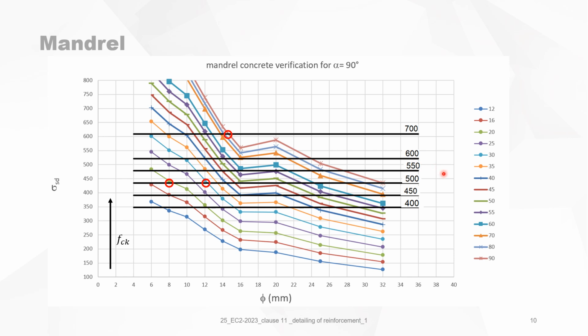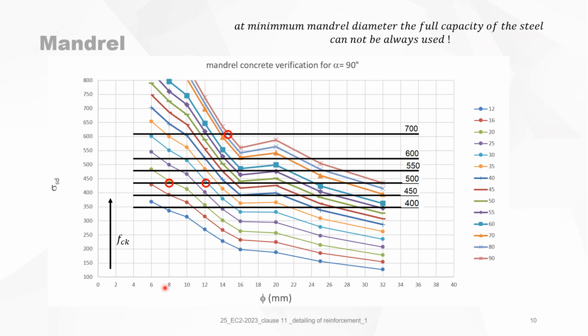When we look at the yield strength of 500 megapascal or FYD 435, we have seen that for C30, you have a maximum diameter of 12 for the stirrup, and for C20/25, you have a maximum diameter of 8 millimeters. So at minimum mandrel diameter, the full capacity of the steel cannot always be used.